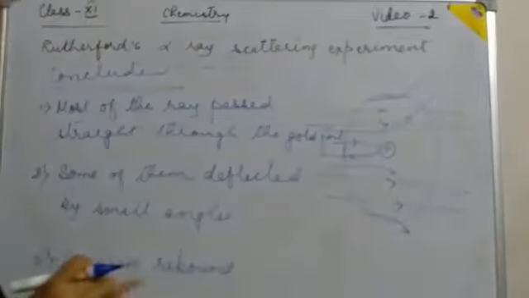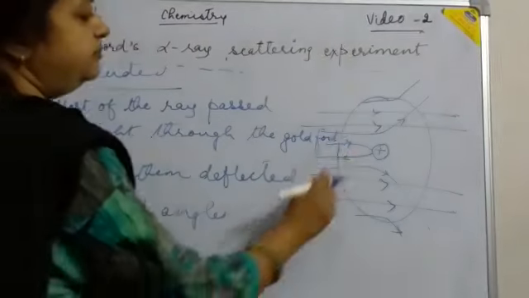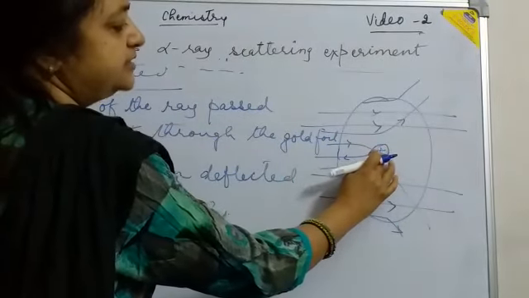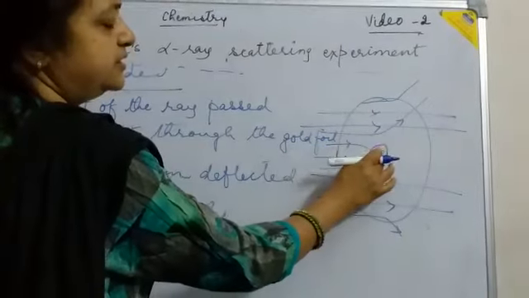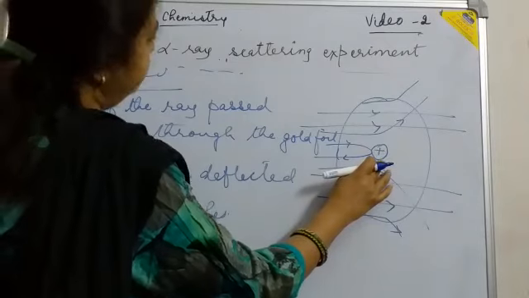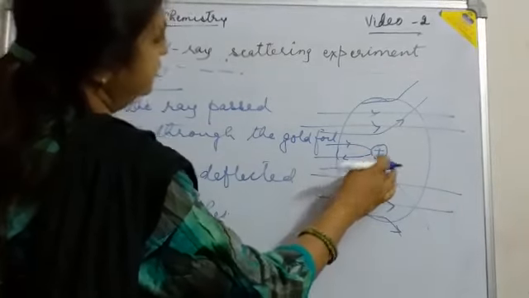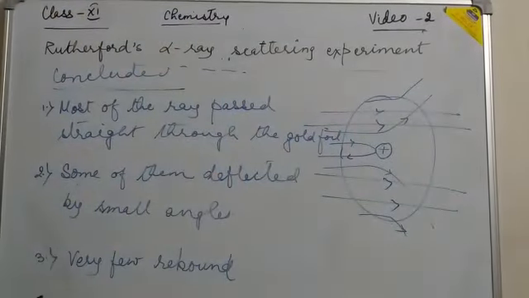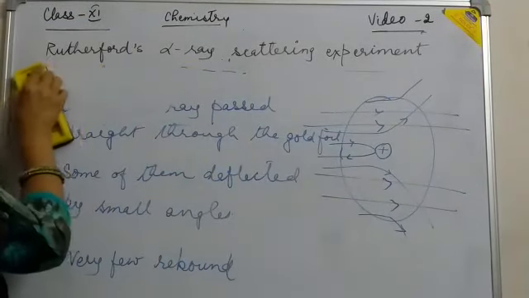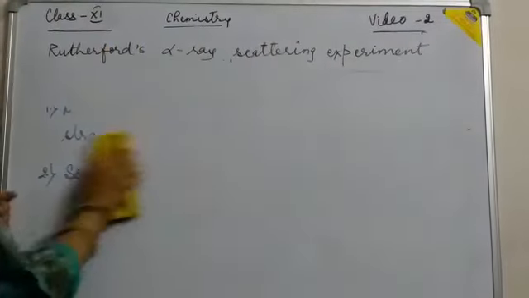And at last, very few rebound, which means the positive charge and mass reside at the center of the atom. These are the conclusions of Rutherford's alpha ray scattering experiment. On the basis of these conclusions, he gave his famous nuclear model of atom.